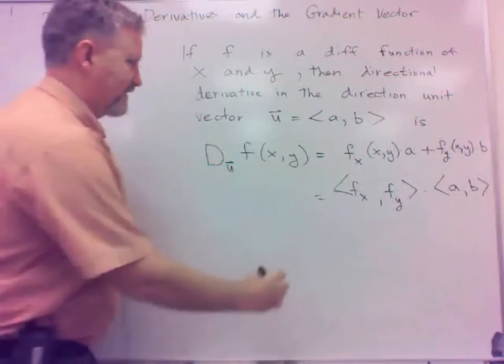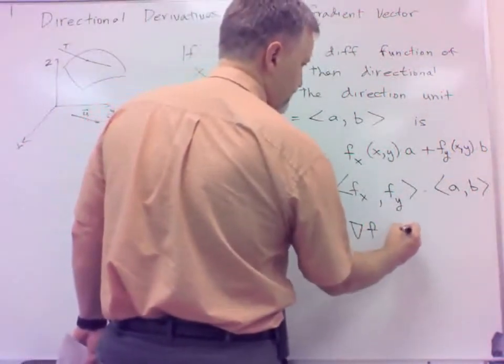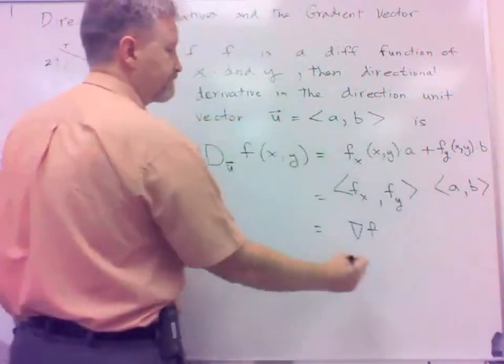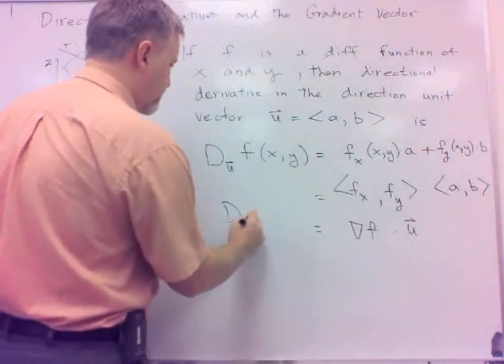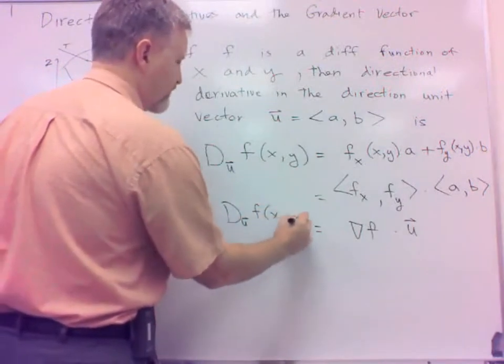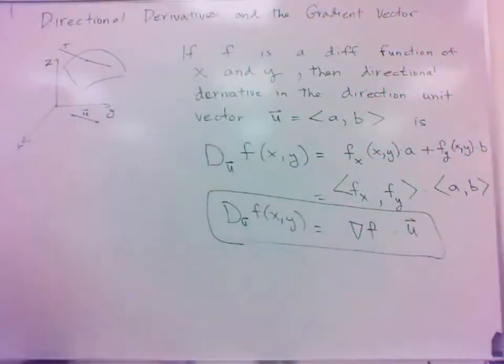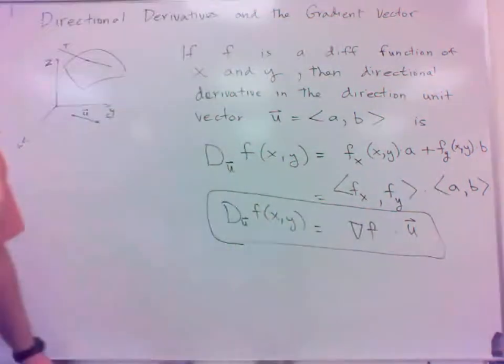That's the gradient vector, times, that's our unit vector, right? And so that's a pretty nice way to remember what this directional derivative is. It's just the gradient vector dotted with the unit vector, the direction that you want. Not too bad.